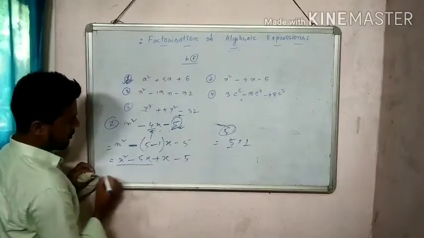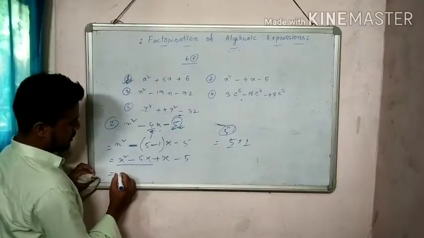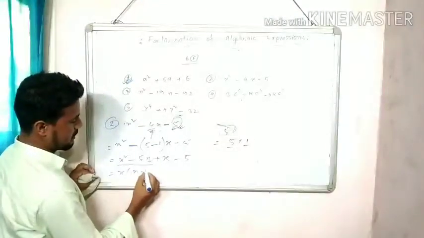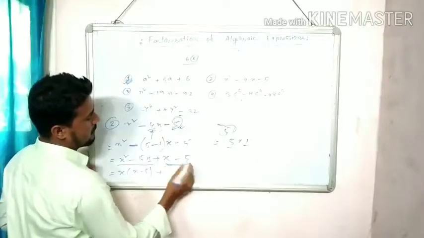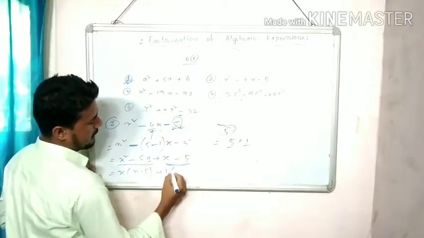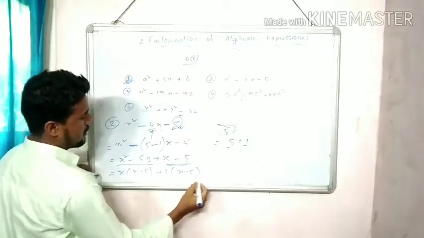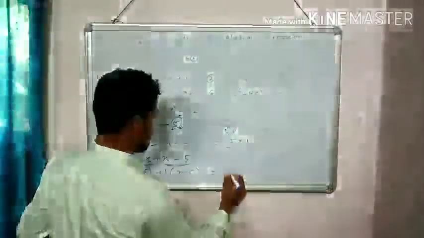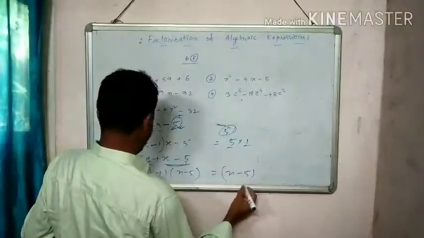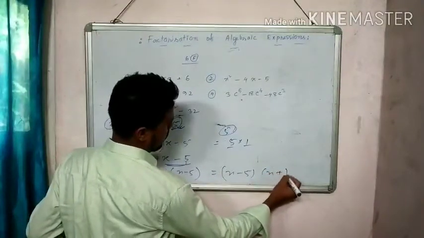Now take common from these two parts. You can take common x only. Here x square, here x minus 5. And here you cannot take any, no x is here. So 1 times x minus 5. So it will be x minus 5 two times, x minus 5 and x plus 1.